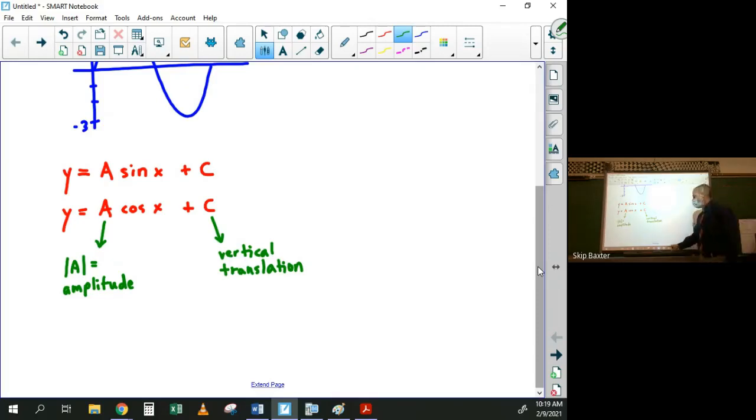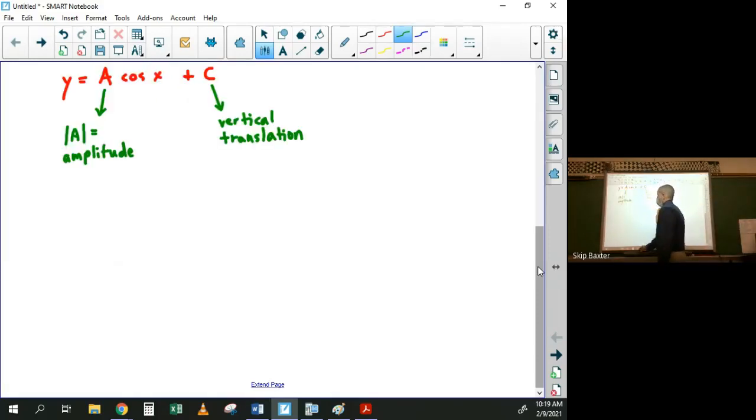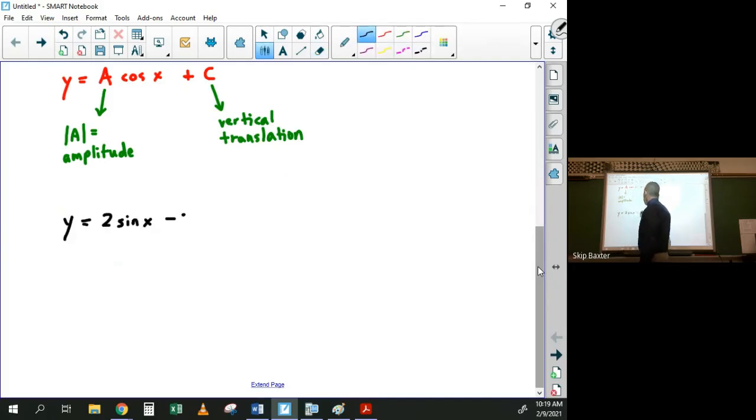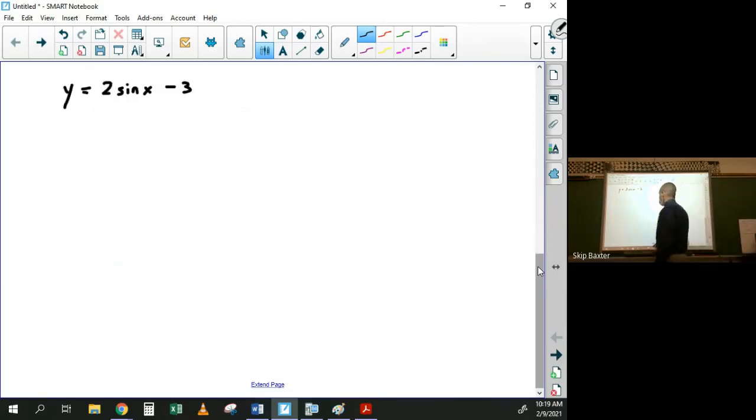Okay, so if I had something like, for example, y equals 2 sine x minus 3. Something like that. I know that the midline would be at -3. So the graph would look like this.